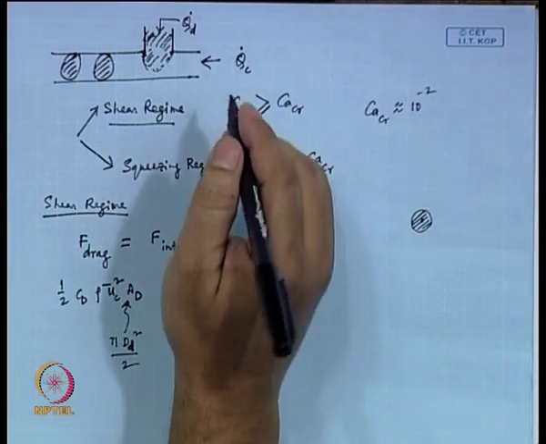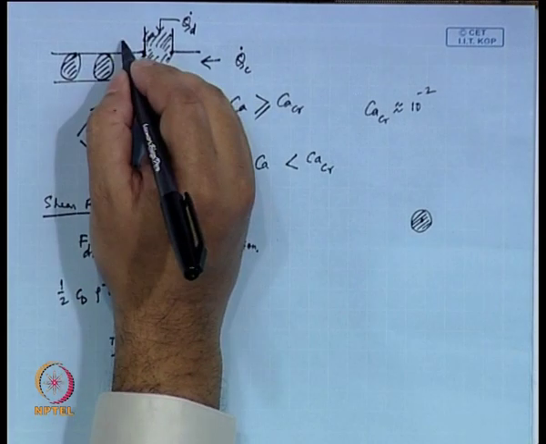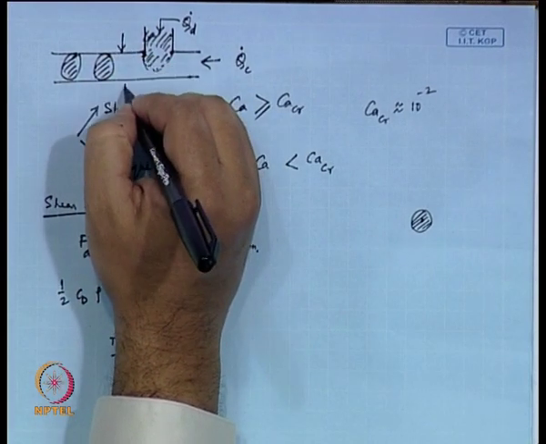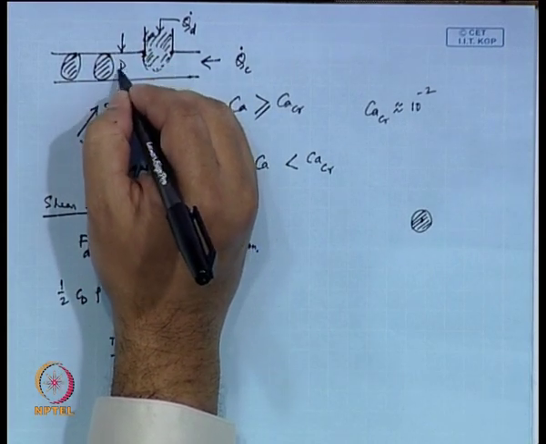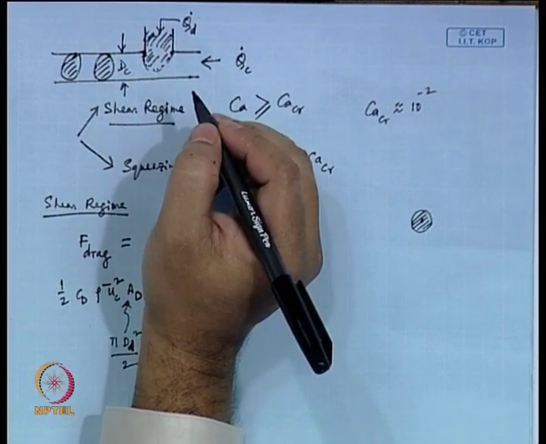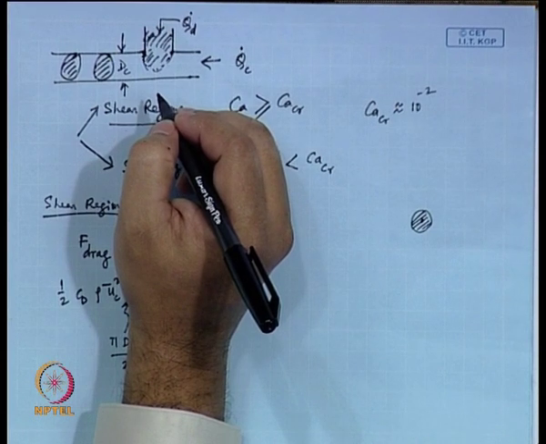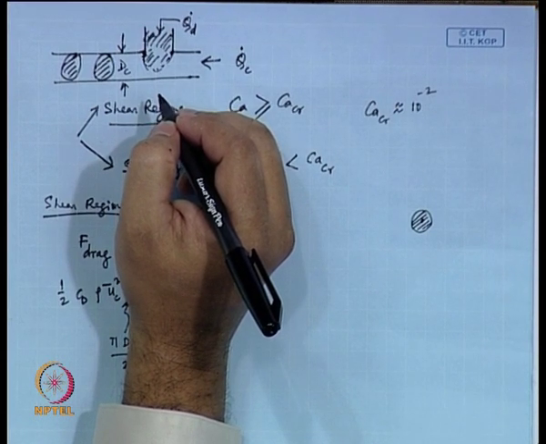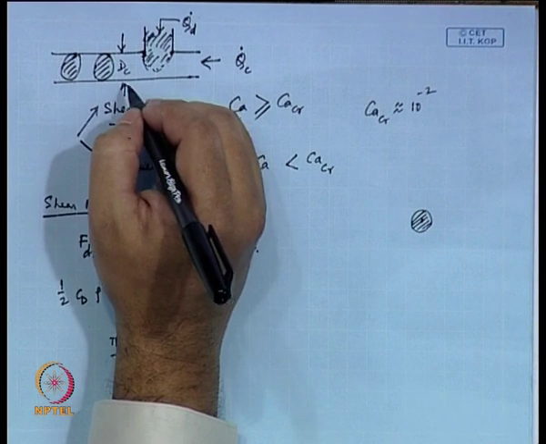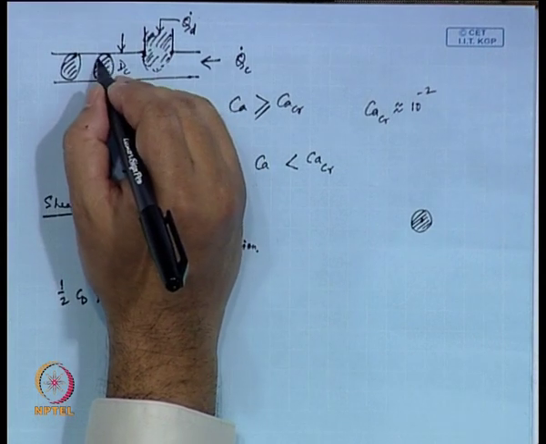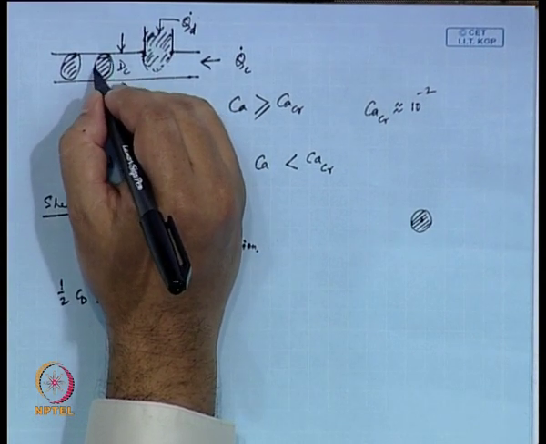Let me point out the dimensions here. This dimension is given as DC, that is the diameter of the capillary. The diameter of the droplet does not necessarily fill the entire part of the channel.